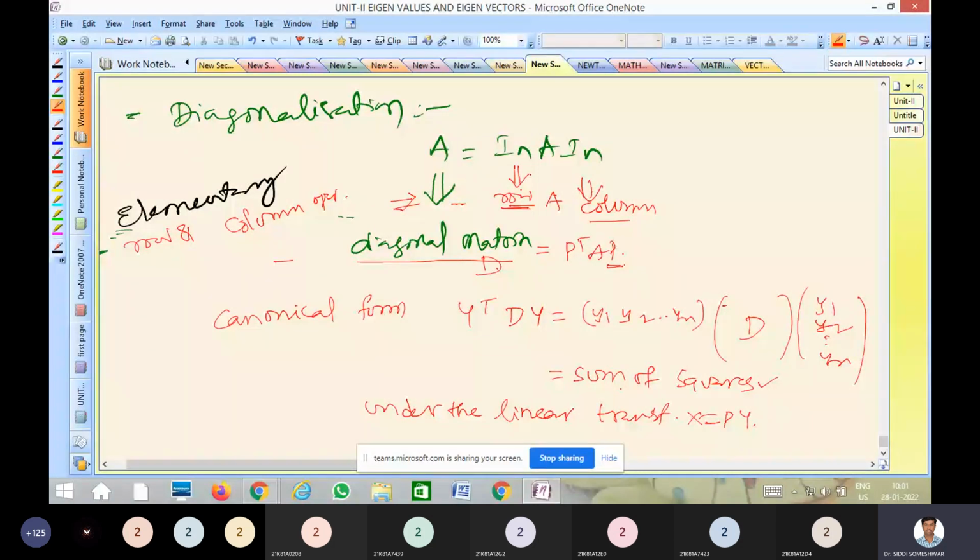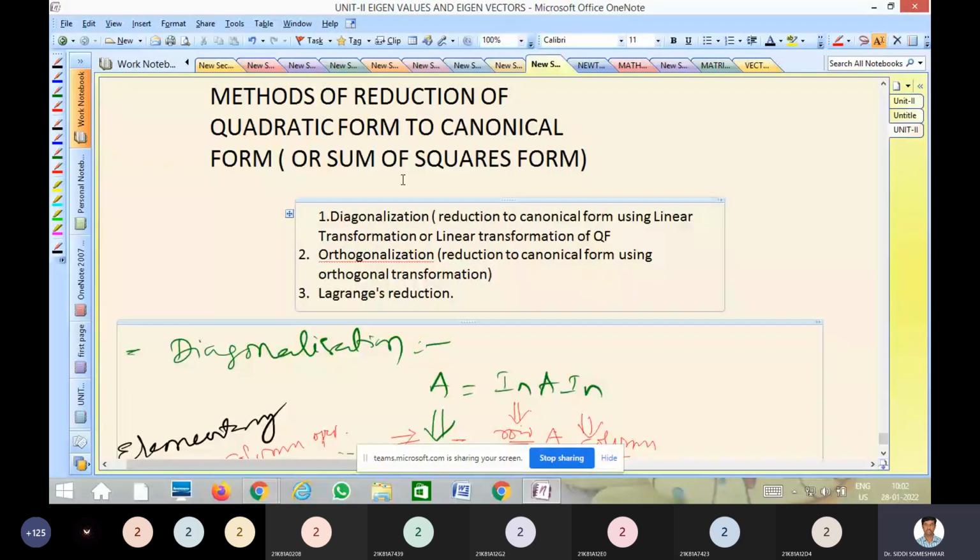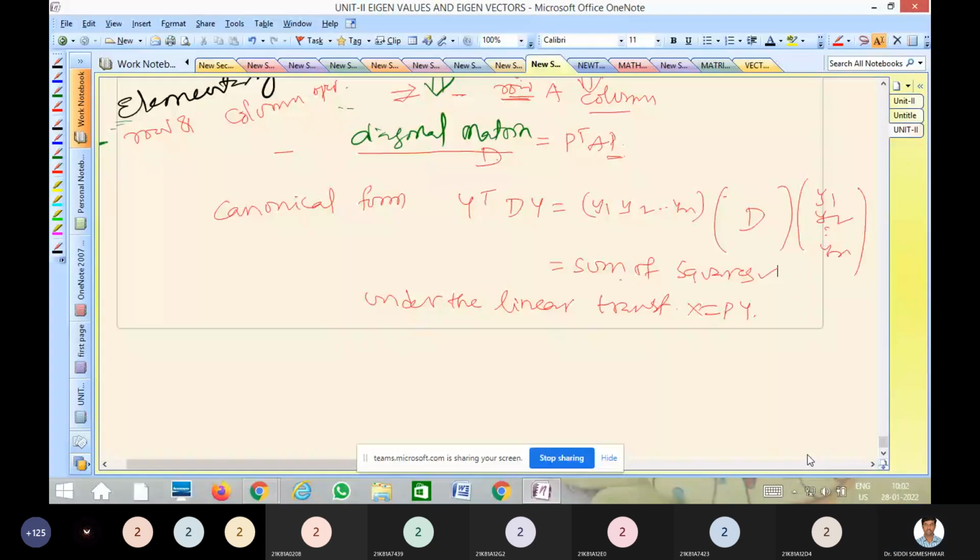Now the next method is orthogonal reduction. The first method is diagonalization, and the next one is orthogonalization, which is also used for reduction of quadratic form to canonical form. That is the second one.